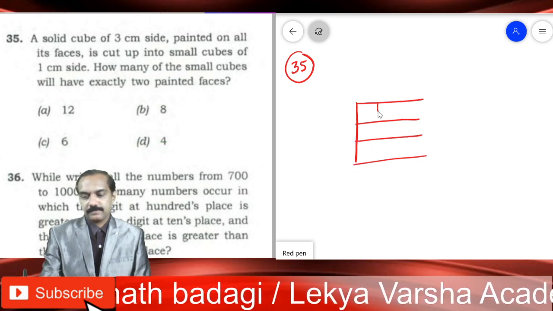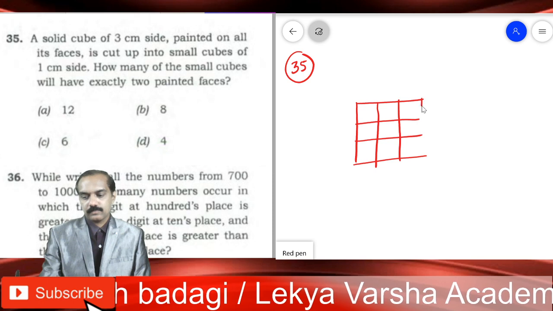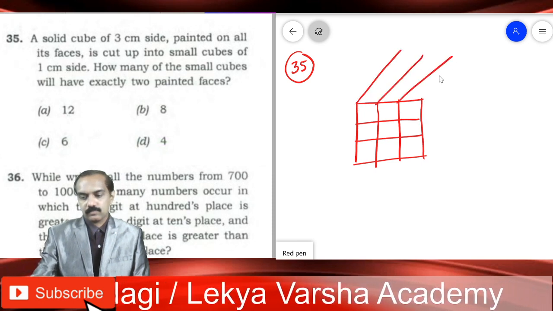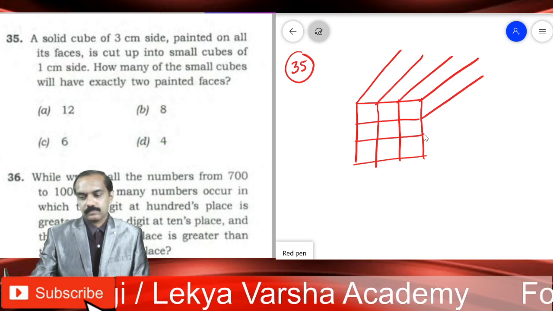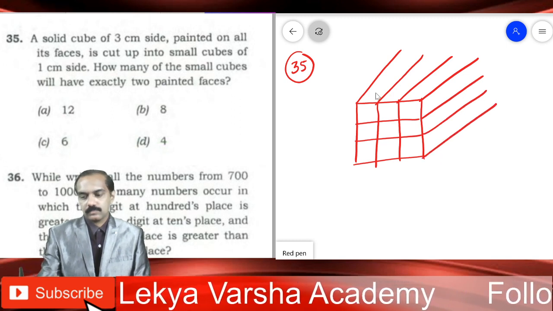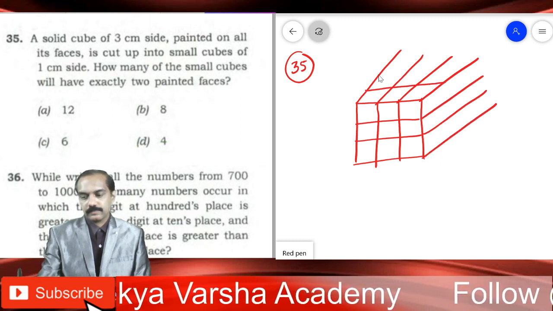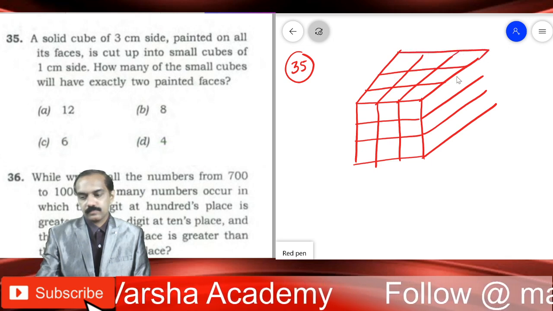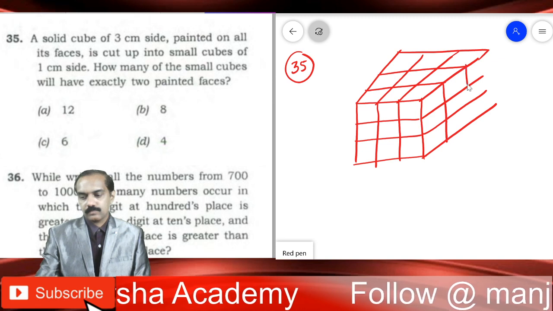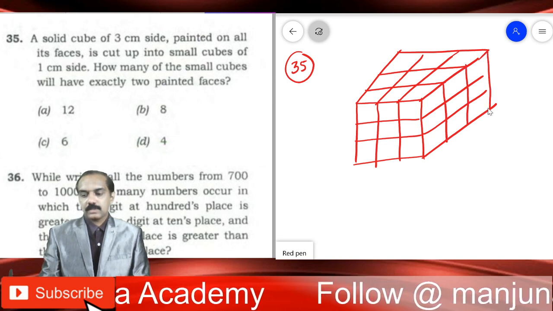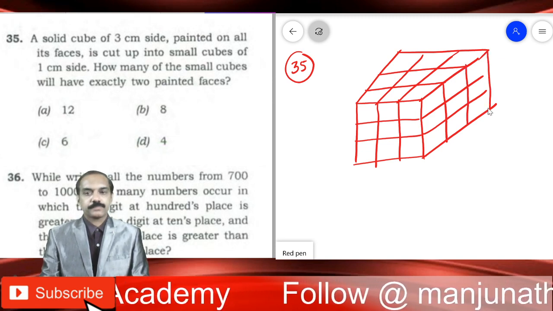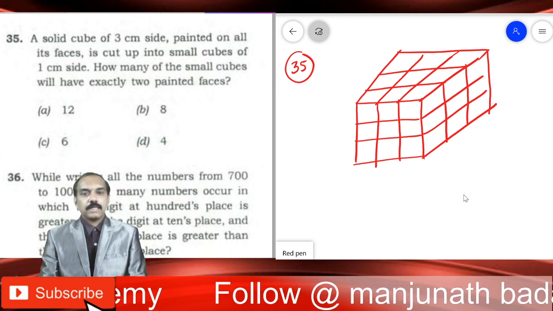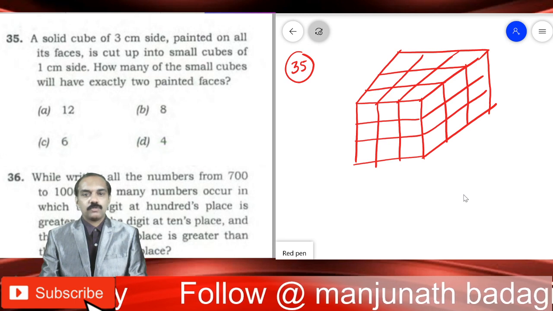3 by 3. This is 3 by 3 size. Now it is painted on all its faces and it is cut up into small cubes of 1 cm side.